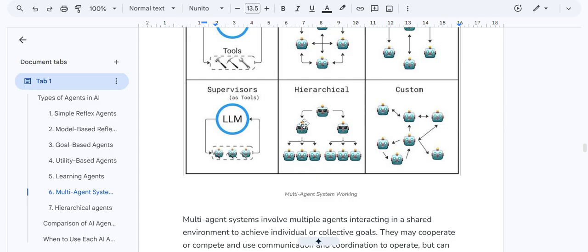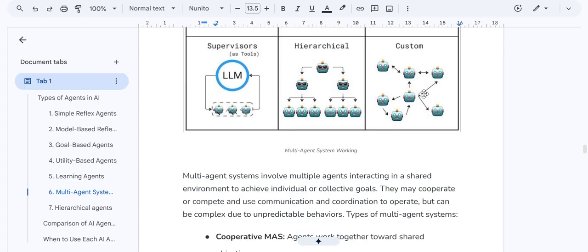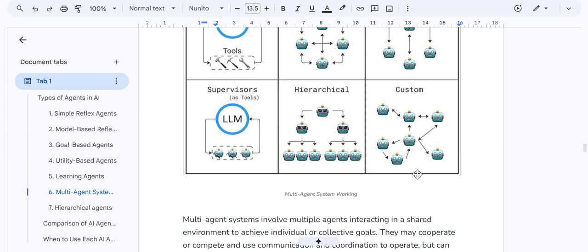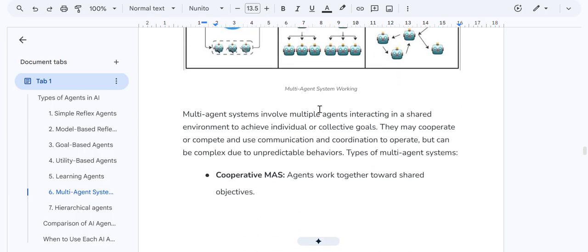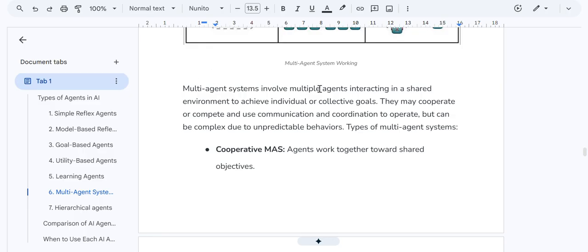It's a monitor agent, and these agents are monitored by our supervisor. Custom agents mean sending data to another agent and taking data from another agent, like a task-based agent system. So a multi-agent system involves multiple agents interacting in a shared environment to achieve individual or collective goals.